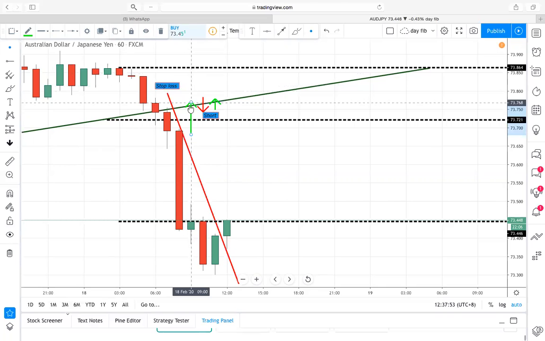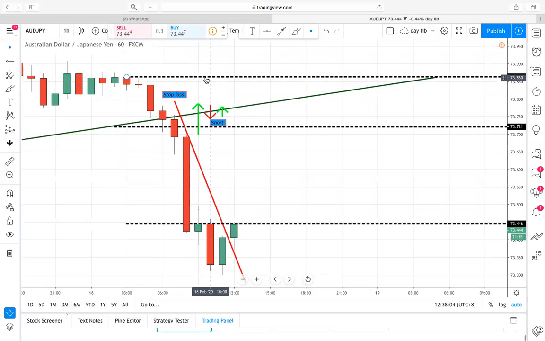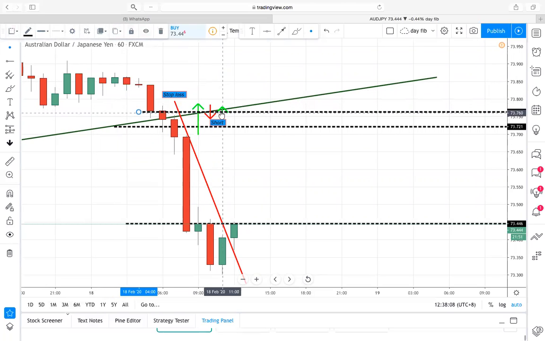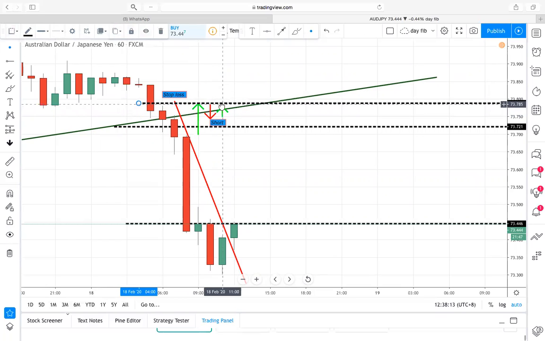So I do not have to put my stop loss so high. All I need to do is, because 73.72 here is where I'm going to sell, I just need to put it just above this red candle, right? Anywhere here, you see, I can be even smaller here, or you can be here. I mean, it's up to you.